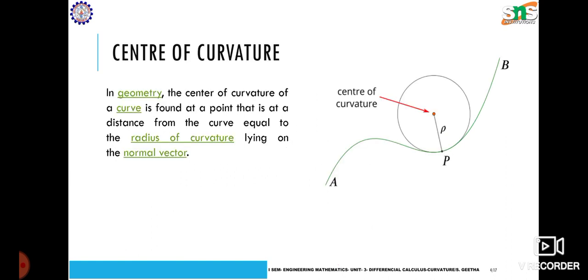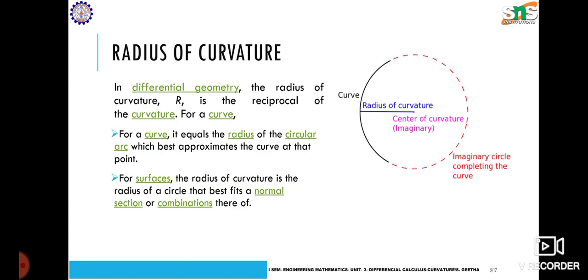Center of curvature. In geometry, the center of curvature of a curve is found at any point that is at a distance from the curve equal to the radius of curvature, lying on the normal vector. Radius of curvature. In differential geometry, the radius of curvature R is the reciprocal of the curvature for a curve.